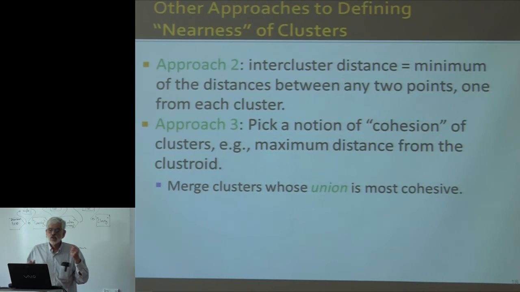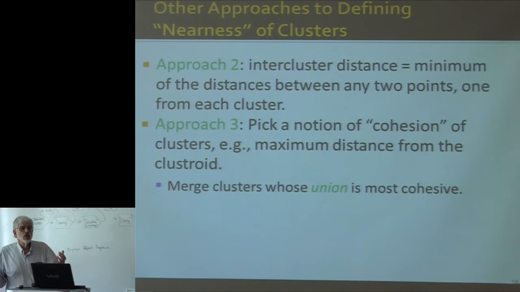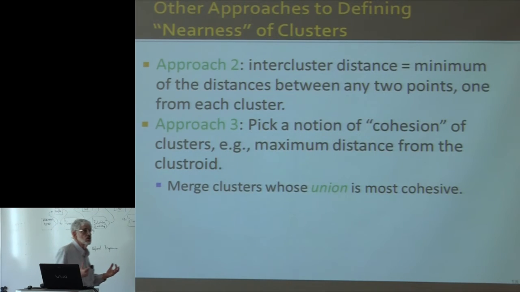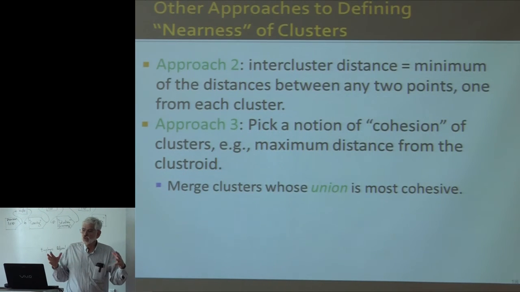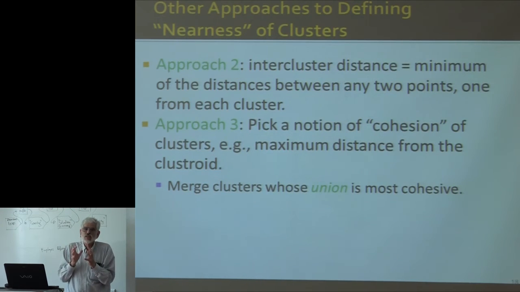We can say the cohesion of a cluster is the maximum distance from the clustroid. In other words, if the clustroid is the point of minimum maximum distance, the cohesion is that maximum distance. A small value for cohesion says that the points are really close together.